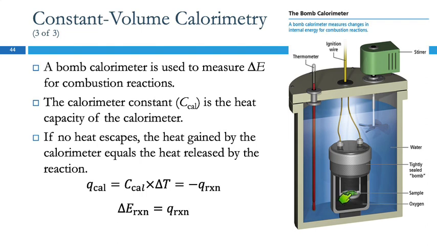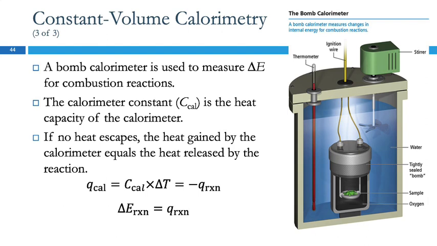We have our sample in here, there's oxygen in here, and we have a remote ignition. So this is generally used for combustion reactions. You could stick a peanut in there and burn it and find out how much energy is stored in a peanut. Around the bomb, we have water with a thermometer so that we can measure the temperature change in the water, and we've got stirring so that everything comes to an even temperature.